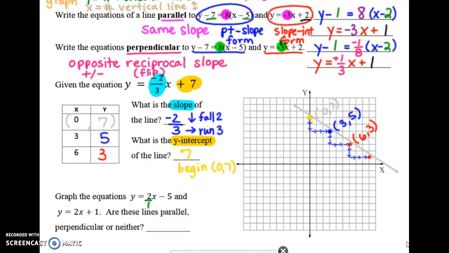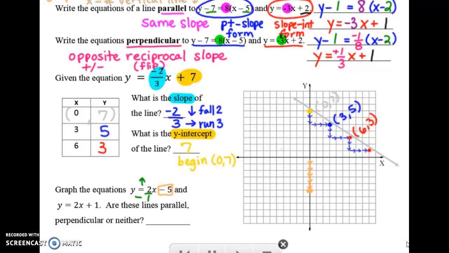Now the last question asks you to graph the equations y equals 2x minus 5 and y equals 2x plus 1. So 2x minus 5 starts down 5. Positive 2 goes up 2, rising up 2, and right 1.